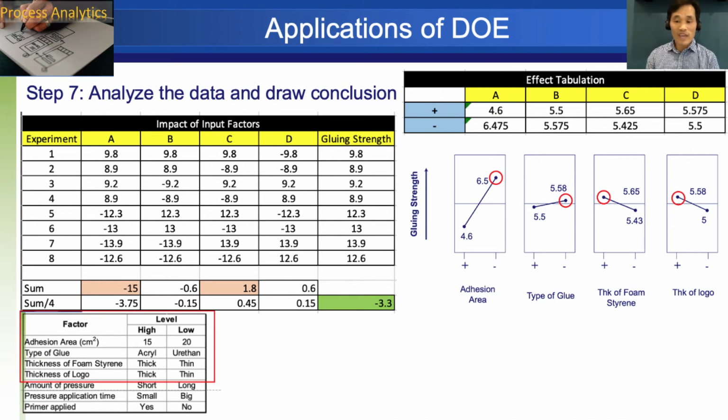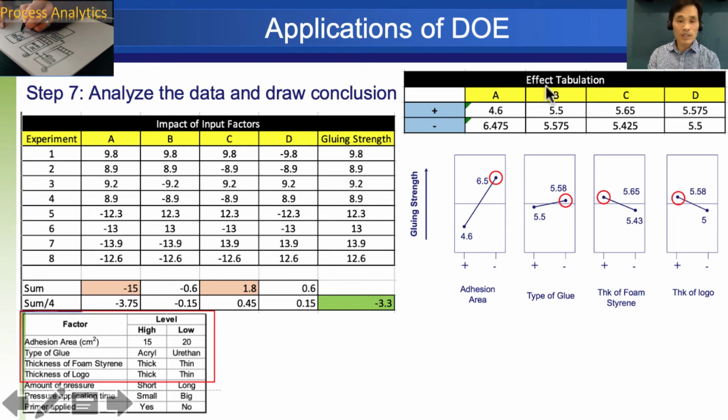As for factor A, adhesion area, it is much more impactful when the adhesive area is expanded larger than before. When it comes to thickness of foam, making the foam thin is detrimental to the gluing strength. However, type of glue and thickness of logo did not make a significant impact on the gluing strength.